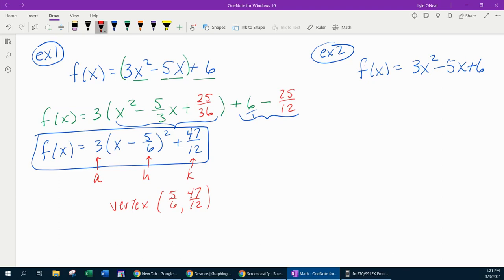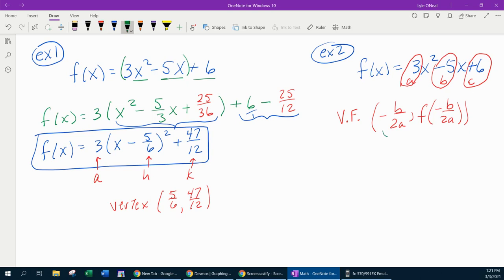If I want to convert from standard form to vertex form, and I don't want to have to complete the square, what I can do is just make a note here of A, B, and C, and I can plug into the vertex formula. So the vertex formula says minus B over 2A, comma, F of minus B over 2A.